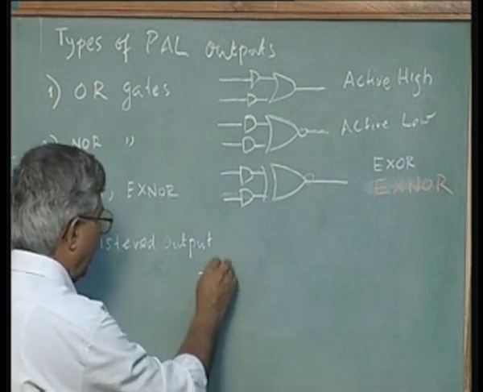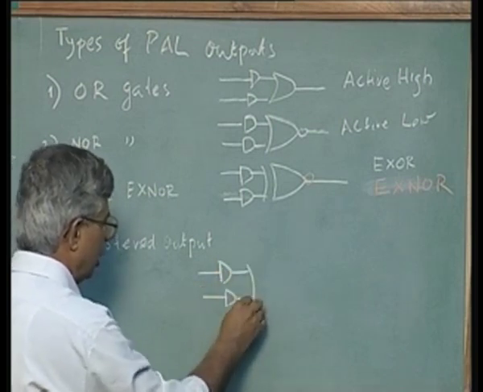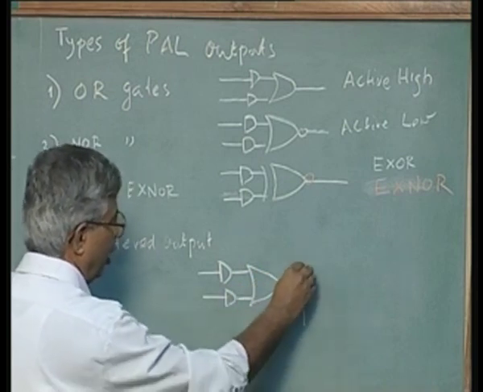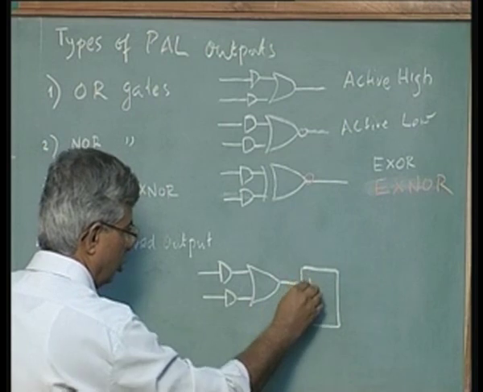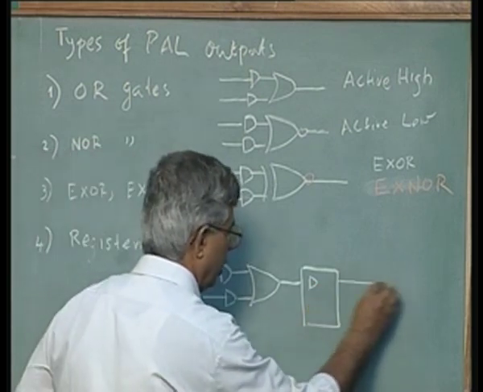So, the AND gate which feeds into an OR gate, instead of directly becoming the output, can be stored in a flip flop, and the output of this flip flop can be made available as the output.